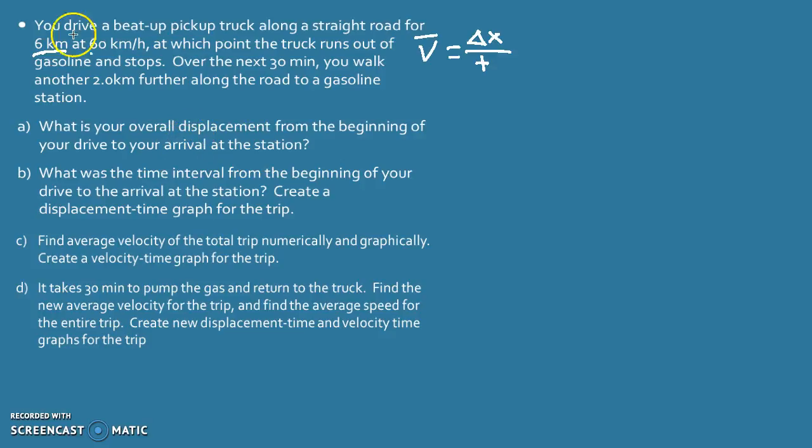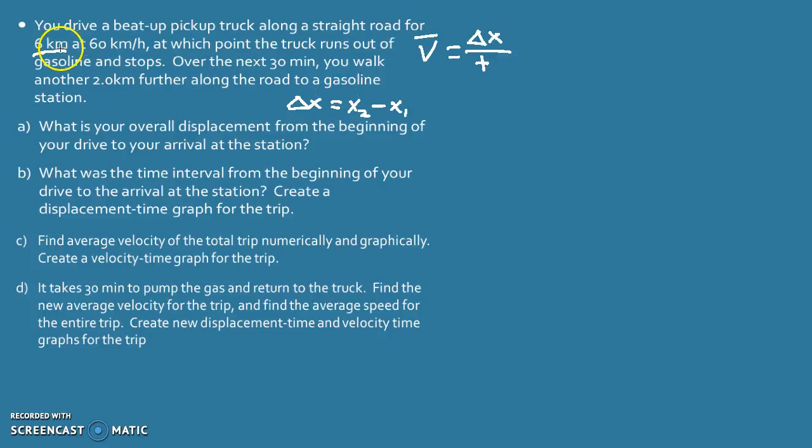So overall displacement, we traveled 6 kilometers, and then we stopped and we traveled 2 kilometers more. Where we know that displacement is final minus initial position, in this case, we're not given positions, but actual displacements.